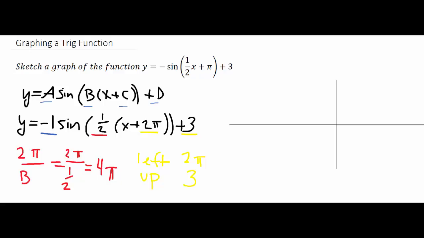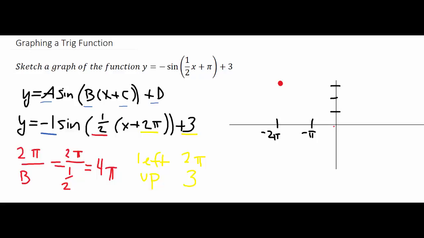Normally what I would do is start my sine function here at the origin, but that's going to be shifted over to the left 2 pi units, so this is -2 pi, this is -pi, and it's going to be shifted up 1, 2, 3 units. So my sine graph is going to have a value right there at -2 pi, 3.